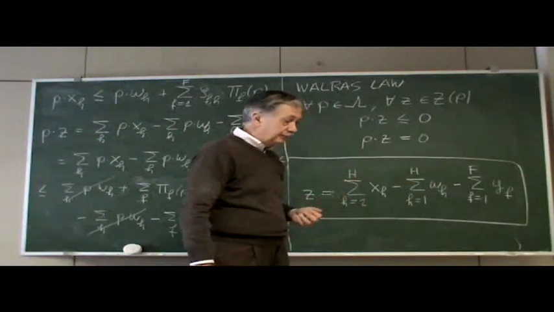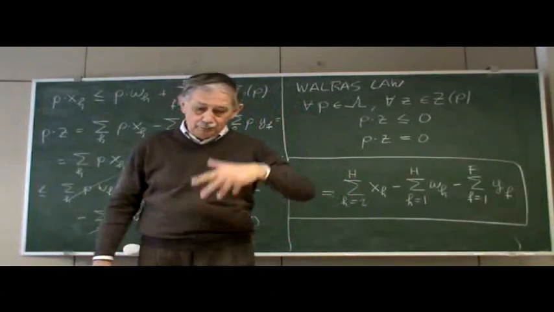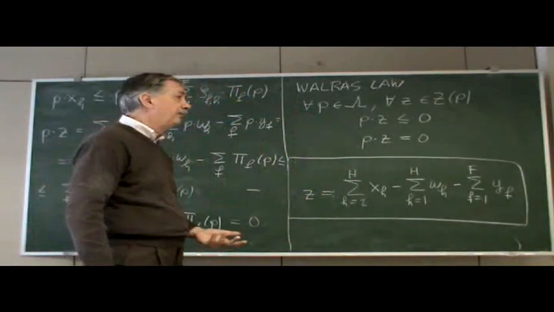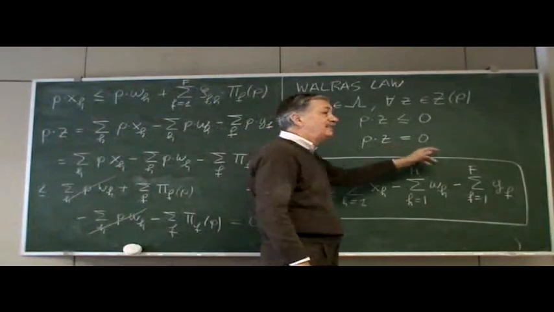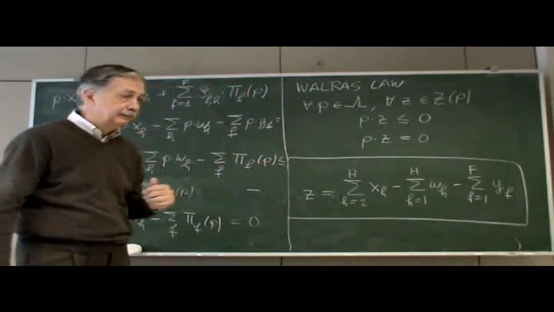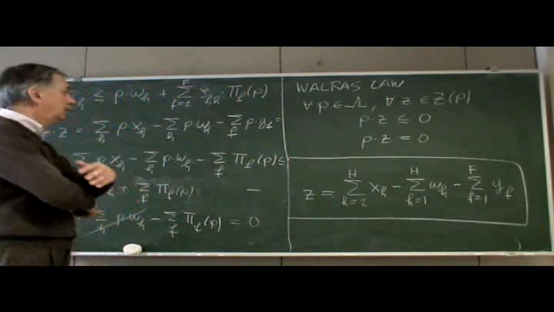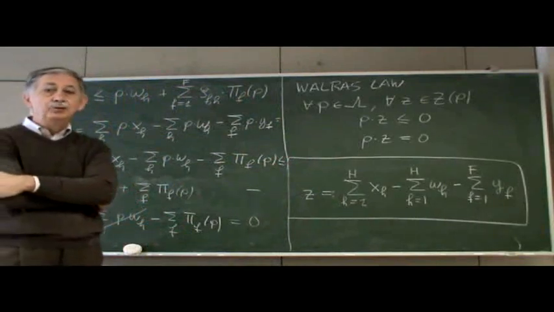And if by chance preferences are monotone or more generally locally non-saturated, the value of Z is exactly equal to 0. Strong Walras' law. The total value of excess of demand is null.